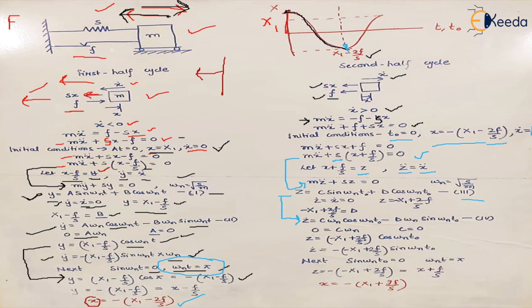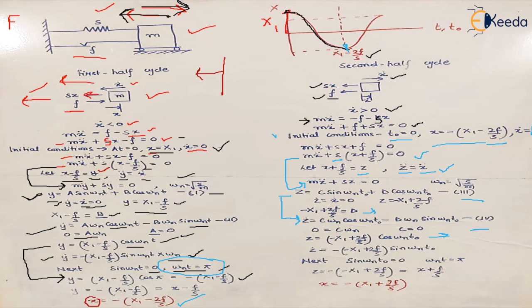In equations 3 and 4, when you apply the initial conditions, these are the conditions that we are assuming, so we'll get the values of the constants. D will be equal to minus x1 plus 2f upon s, and C will be equal to 0. When we place the values of these constants in equation 3 and equation 4, we get these two values.